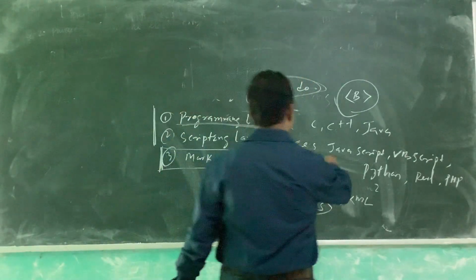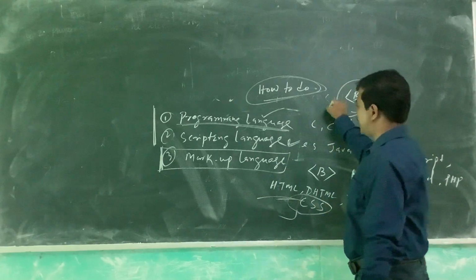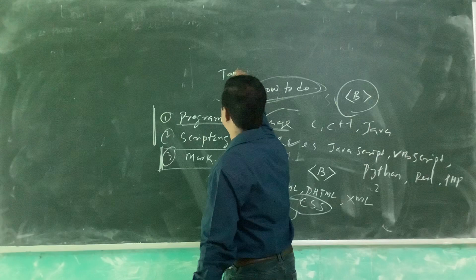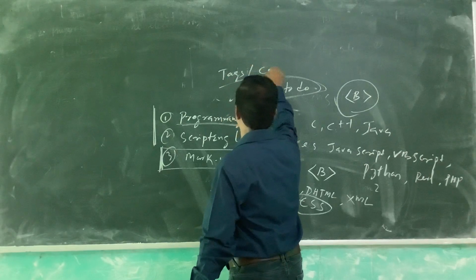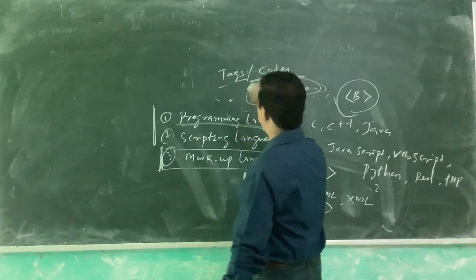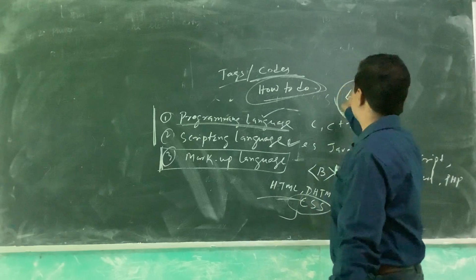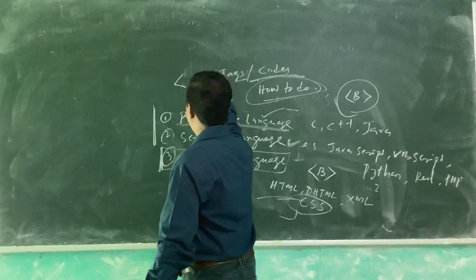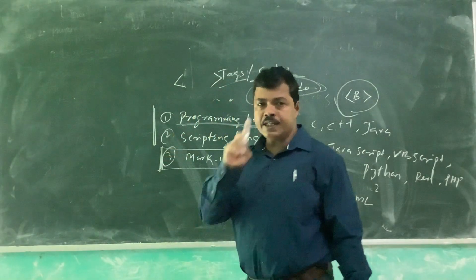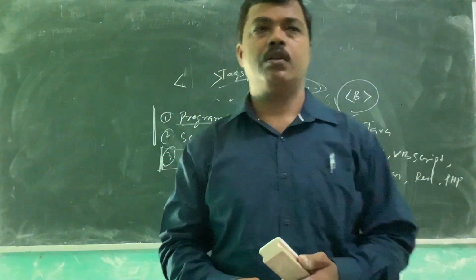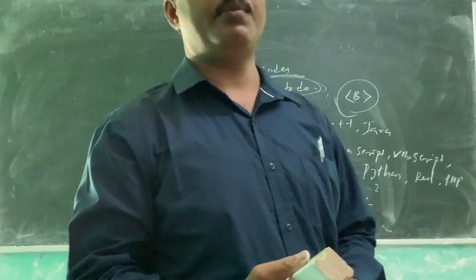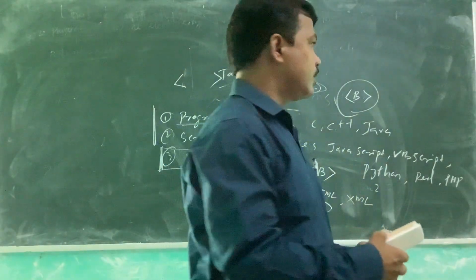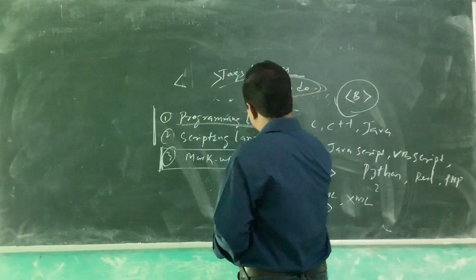There are different types of tags we have to discuss, and the tags or codes are enclosed in angle brackets, that means less than and greater than. Each and every tag we should enclose between angle brackets.